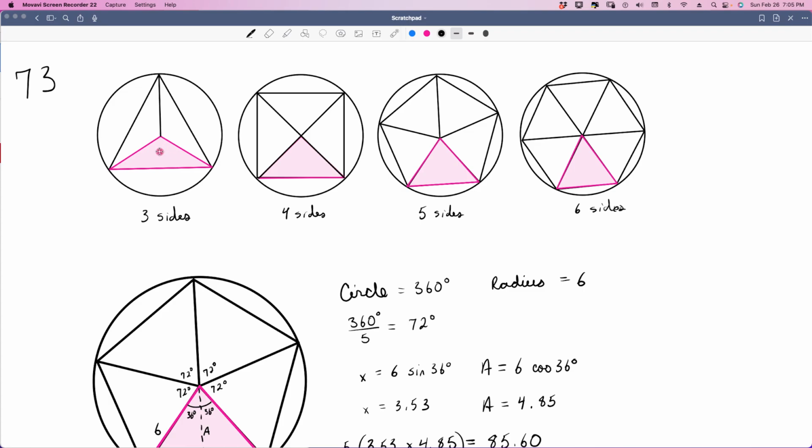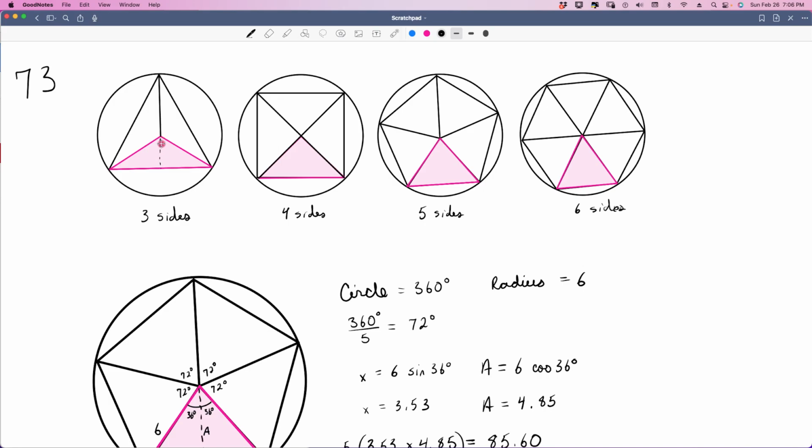The altitude of each of these triangles that are the same is going to be called the apothem. That's from the center to the edge of the triangle, which is going to be the base of your regular polygon. It's from the center of your polygon to the base of the triangle that creates.